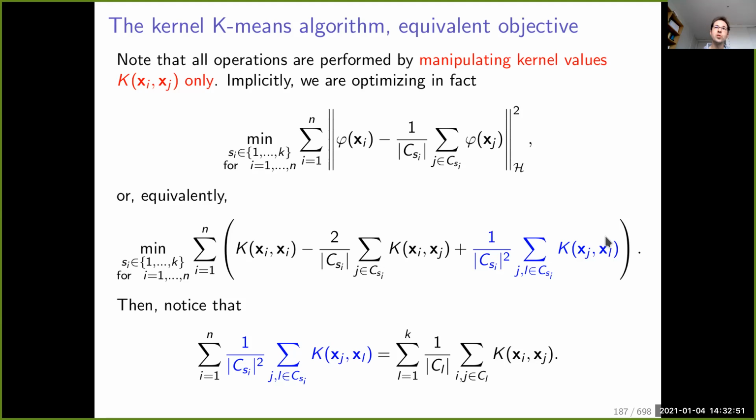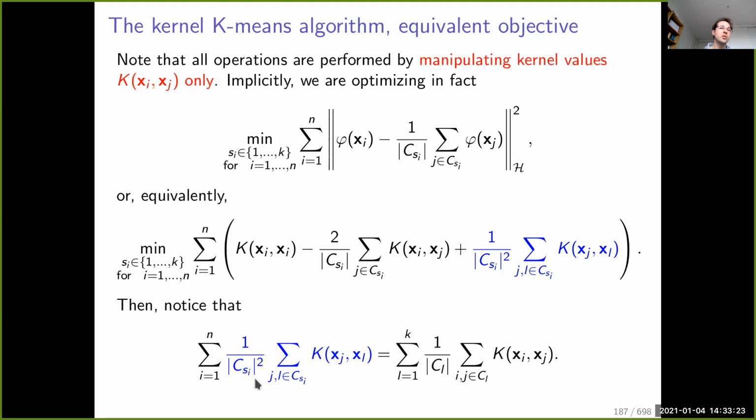So the term in blue on the right, it turns out that it's a term that involves some kernel values that are inside the cluster Si. And if you count the number of times each of these terms appear, involving as well this normalization factor here, which, by the way, I didn't mention, is simply the size of the cluster CSI.